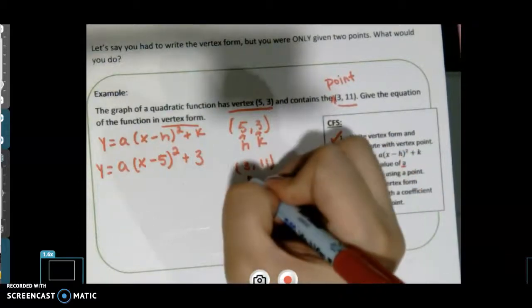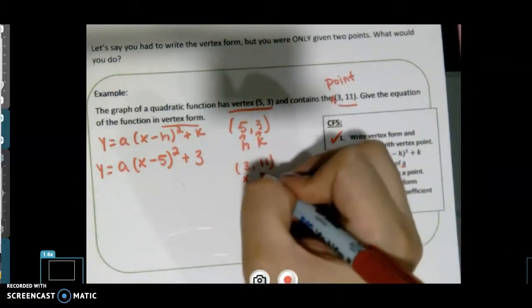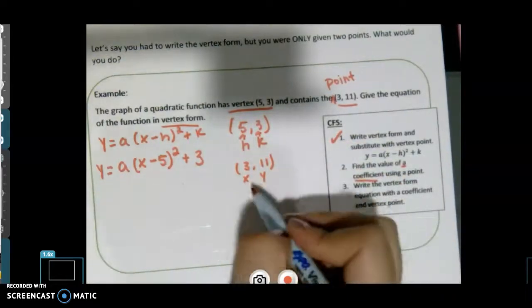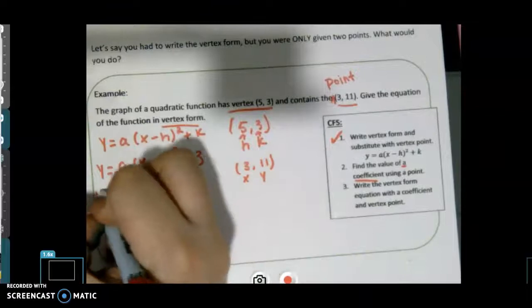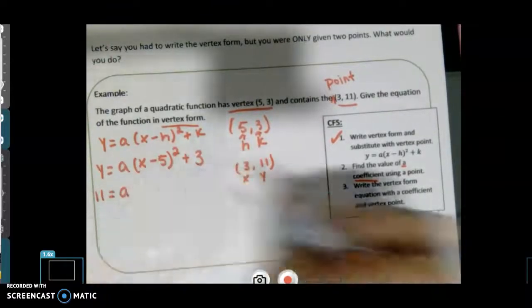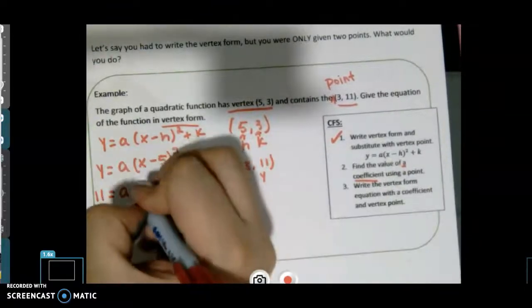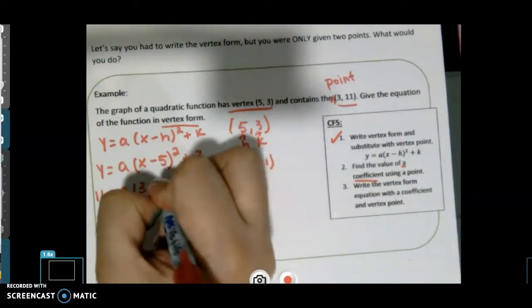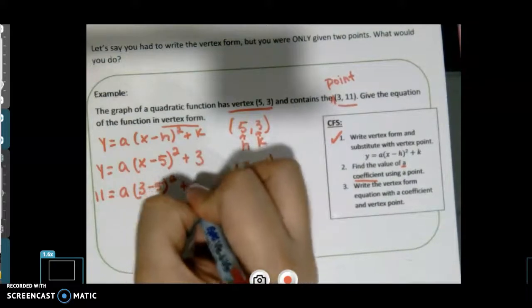So 3 is going to be my x value and 11 is going to be my y value. So 11 equals a, because remember we have to find my a coefficient, (x is going to be 3 minus 5)^2 plus 3.